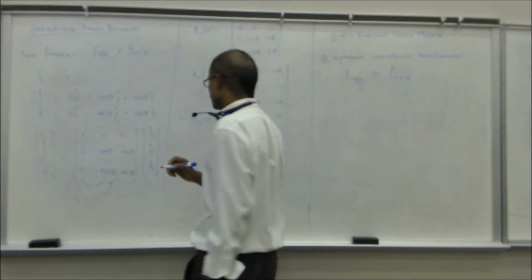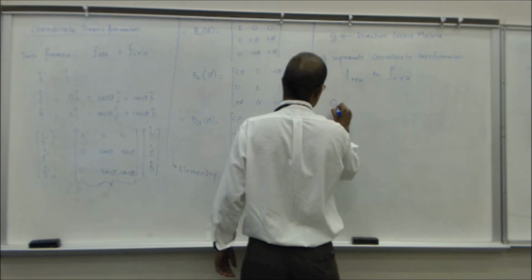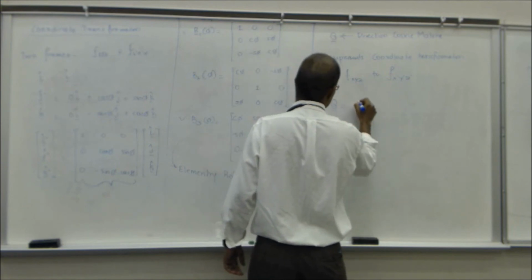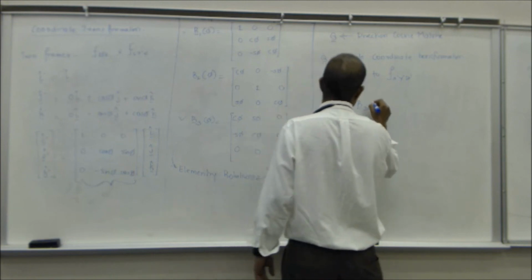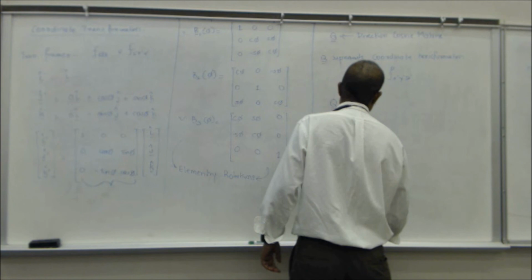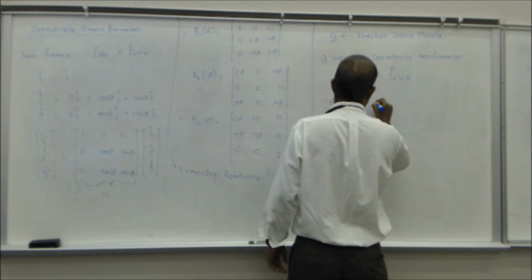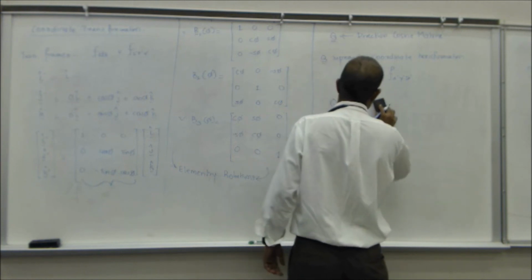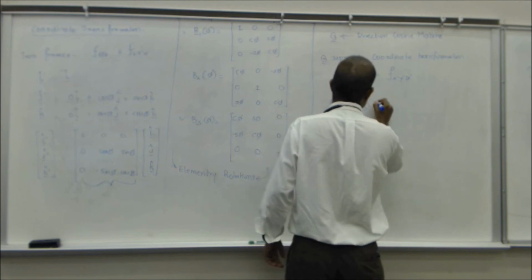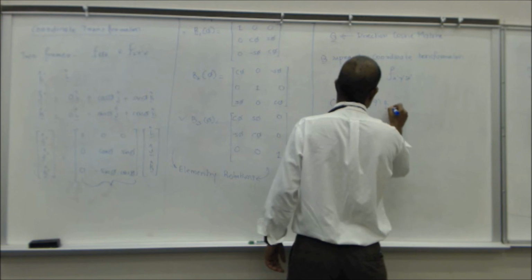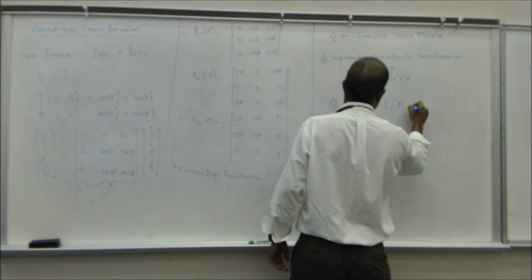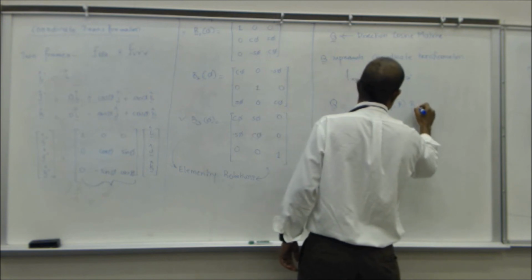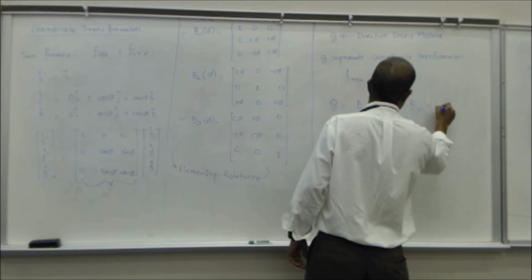Okay, and Q, the direction cosine matrix, is essentially R3 by gamma, R1 by beta, R3 by alpha.